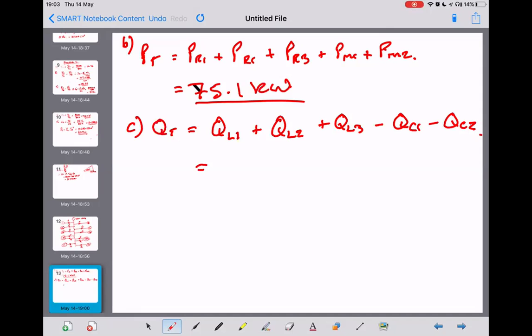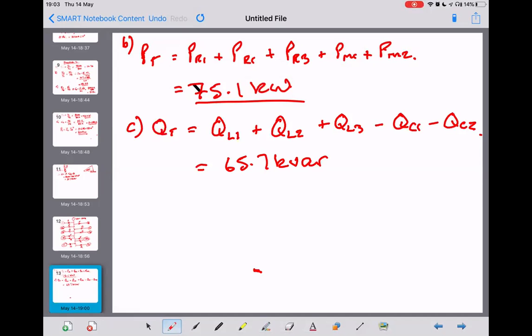I'm not going to write them all out. When you sum that all up, you get 65.7 kilovar. Yeah, 3 marks for that.